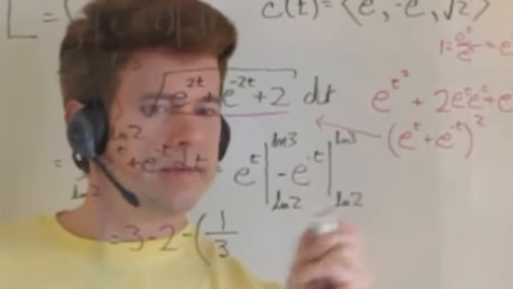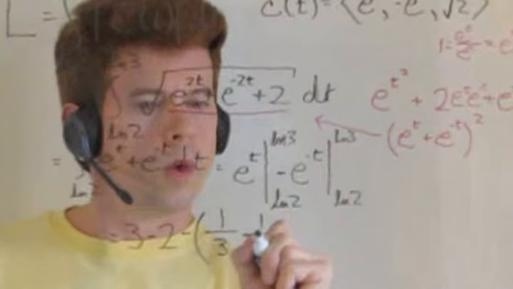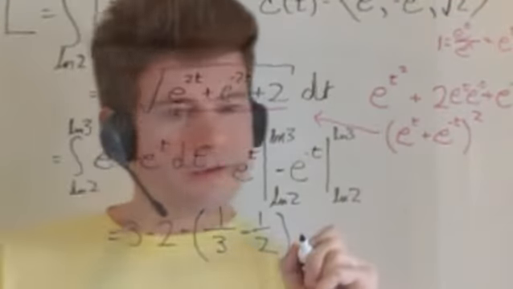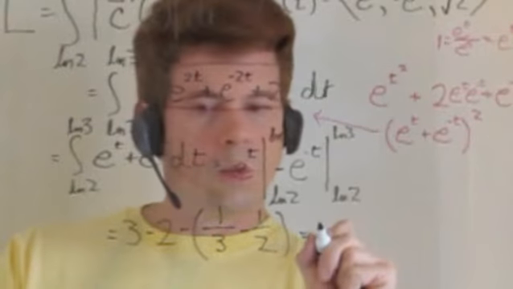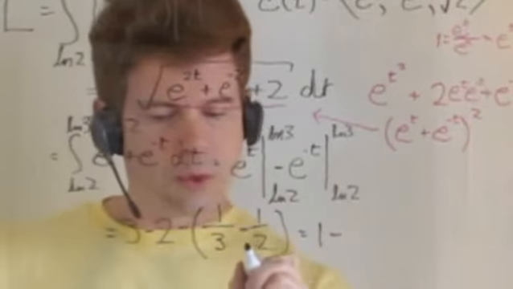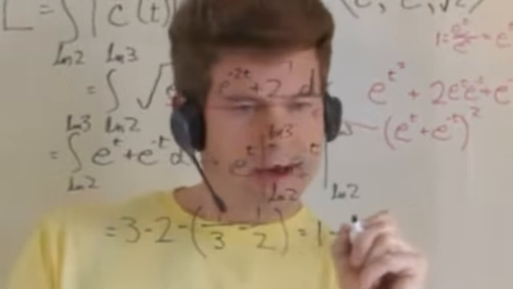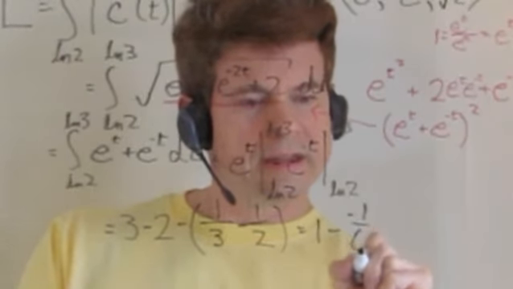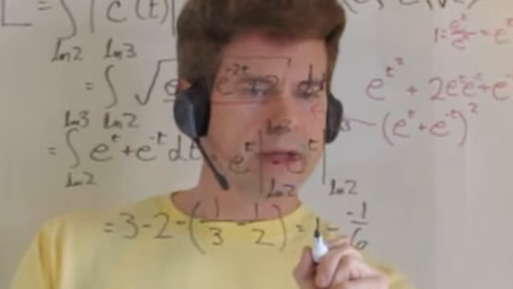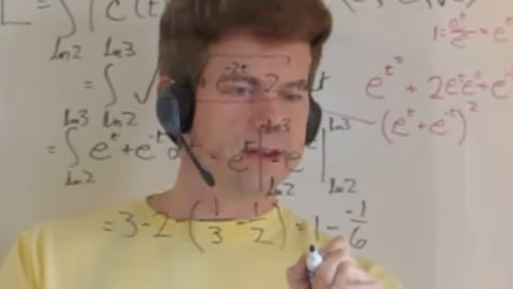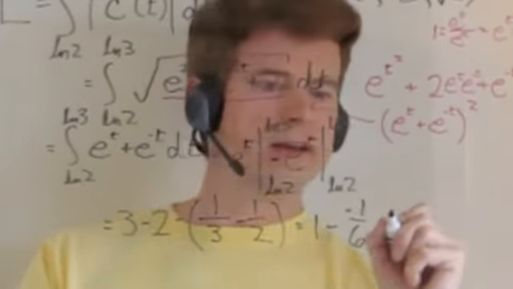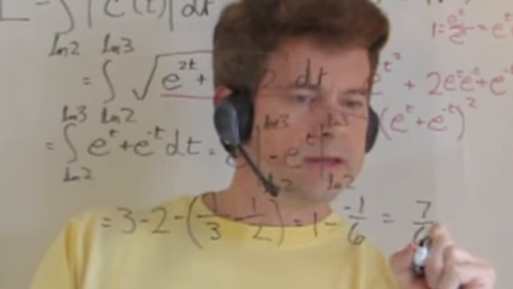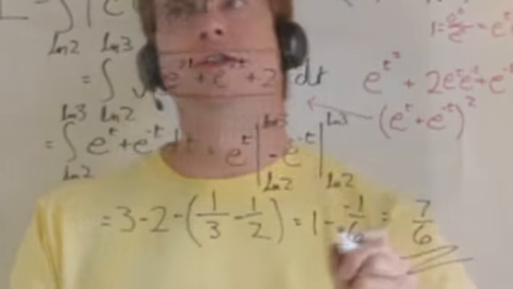And then here, same thing, minus 1/2. So this now simplifies down to 1 minus 1/3 minus a half, which is negative 1/6, which is equal to 6/6 plus 1/6 equals 7/6, our solution to the arc length.